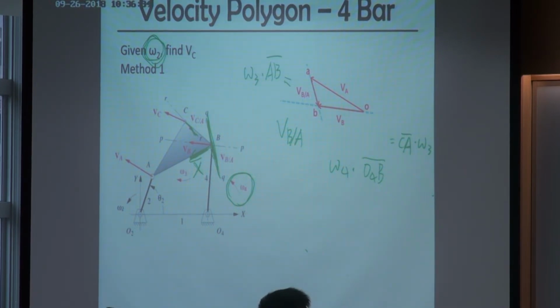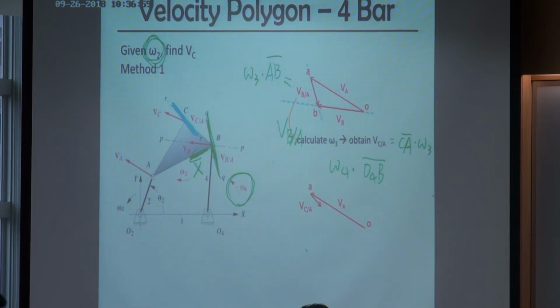VCA is in this direction along the blue line. It's perpendicular to the line CA. Okay, so once we get the VCA, then our purpose is to find VC.